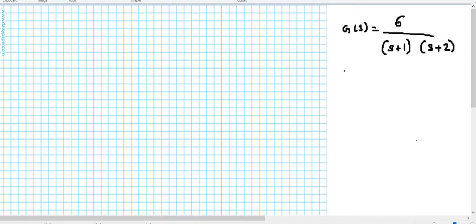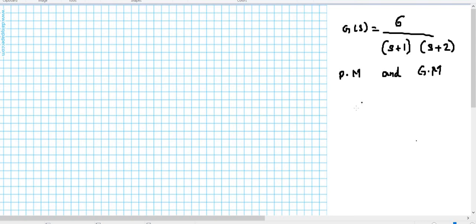So sketch the polar plot of the given open loop system having the transfer function 6 divided by (s plus 1) into (s plus 2). Also determine the phase margin and gain margin of the given open loop system.